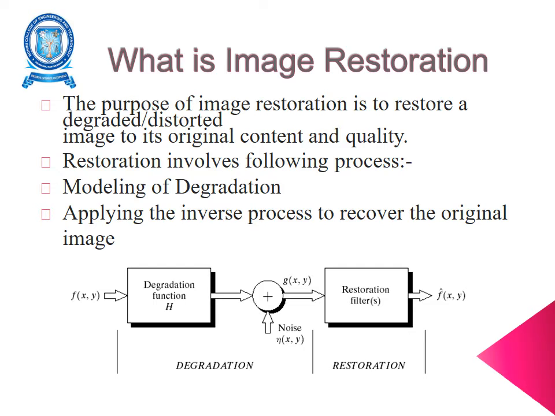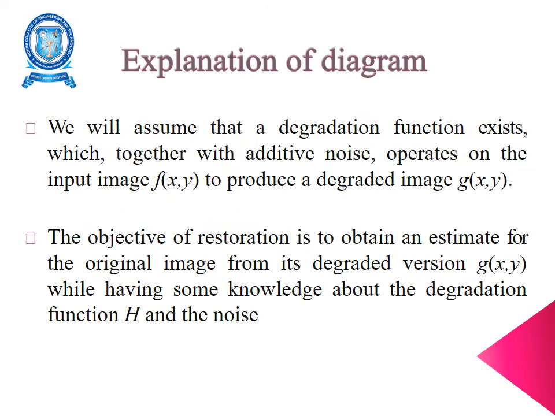Whatever the filter may be, we can choose that particular filter depending upon our need. Depending upon the applications we can choose the filter and go for restoring the image. Once the image is restored, the output is denoted as f cap of x comma y. So this is just the model of image restoration.